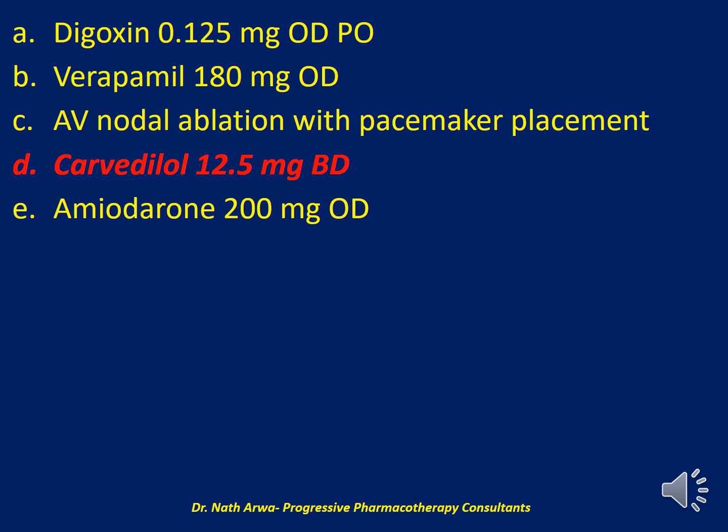And then digoxin, in my opinion, isn't a preferred first-line agent, but it may be combined with a beta blocker or a non-dihydropyridine calcium channel blocker for improvement of ventricular rate control during exercise or in heart failure, since it doesn't have negative inotropic effects. So I would settle for D, carvedilol 12.5 milligrams twice daily orally. Let's move to the next slide, please.